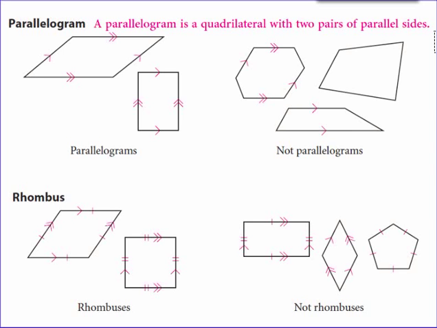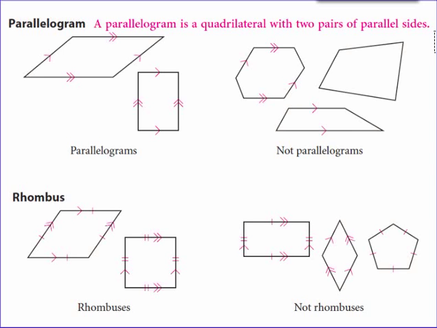All right, let's look at rhombus. A rhombus. Two pairs. So what is two pairs of parallel sides classified as?